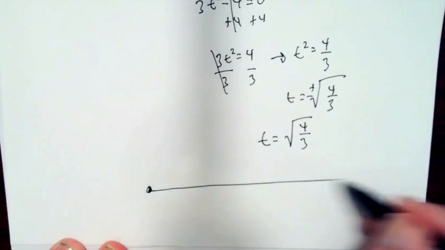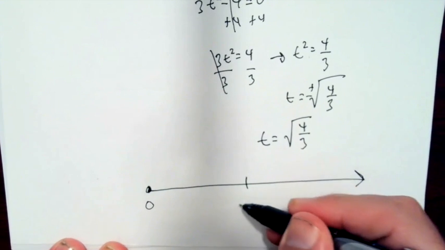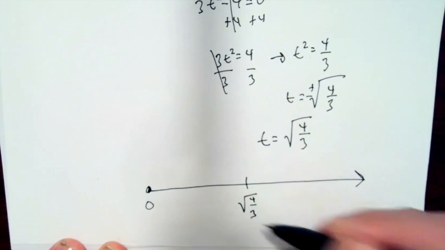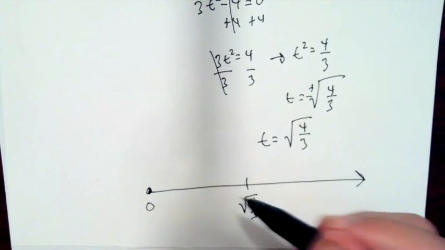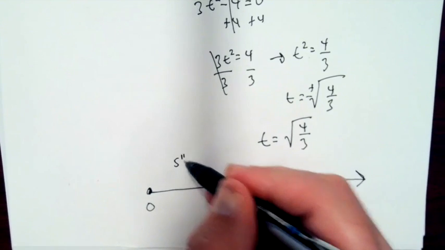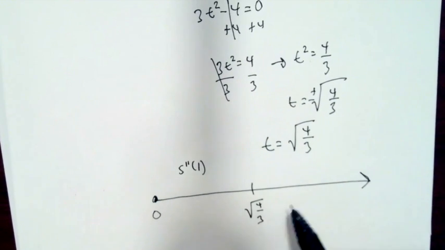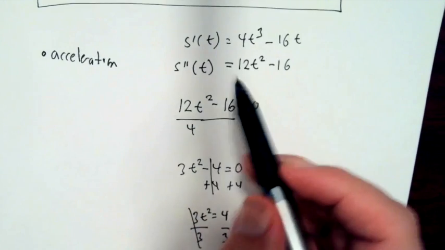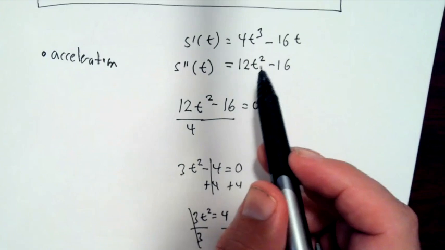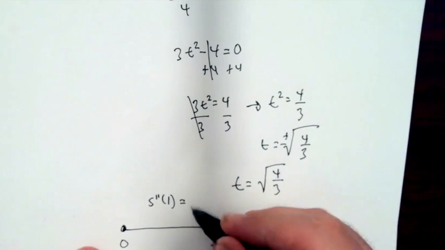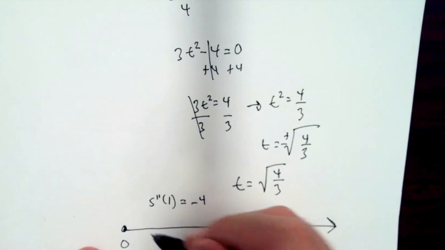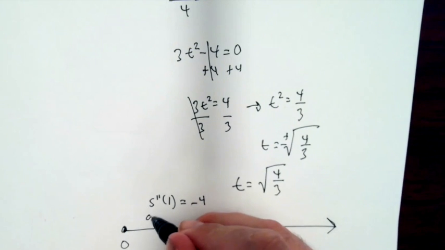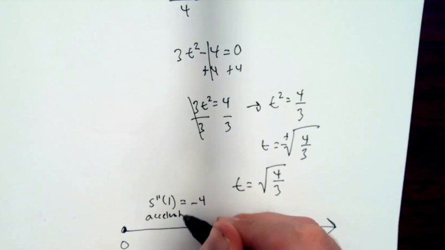So now I'm going to make a second chart for my acceleration and see where this second derivative is positive or negative. I can test 1 because it's in the interval 0 to square root of 4/3. When I plug in s double prime of 1, I get 12 times 1 squared minus 16, which is -4. So here the acceleration would be negative.